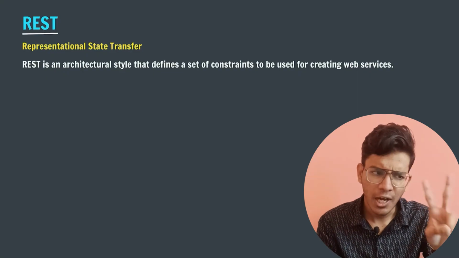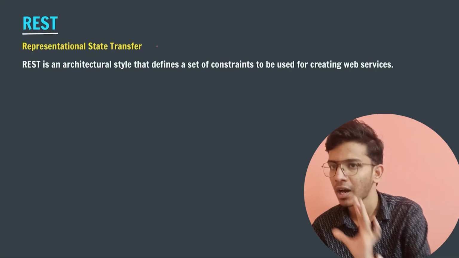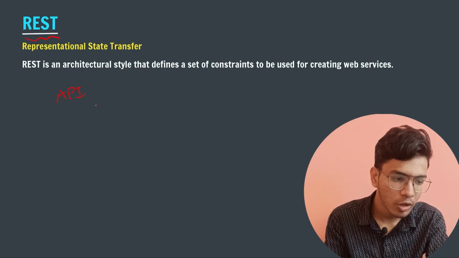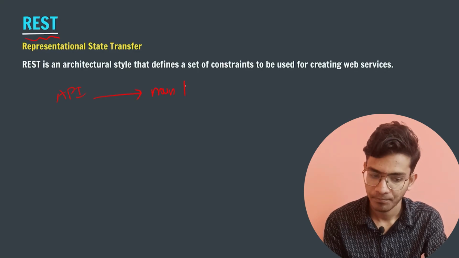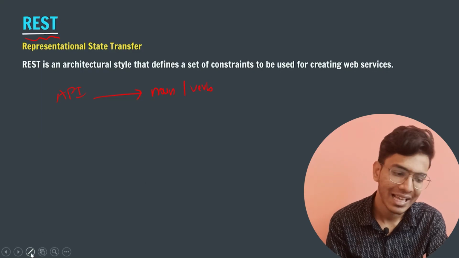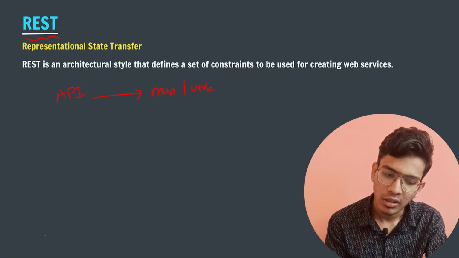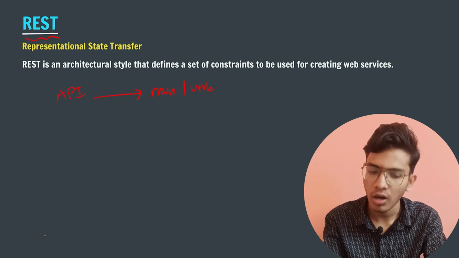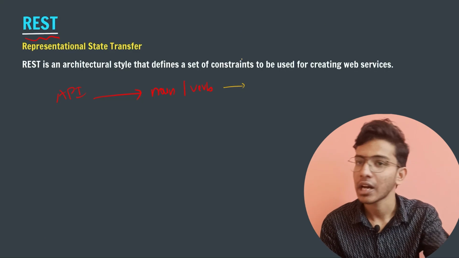Okay, now there are two main things you should keep in mind whenever we talk about REST. If you are creating APIs using the concept of REST, you should always use nouns in the place of verbs. For example, if you are creating a healthcare app which tracks the overall health of your body, now let's say in that app we have different routes.